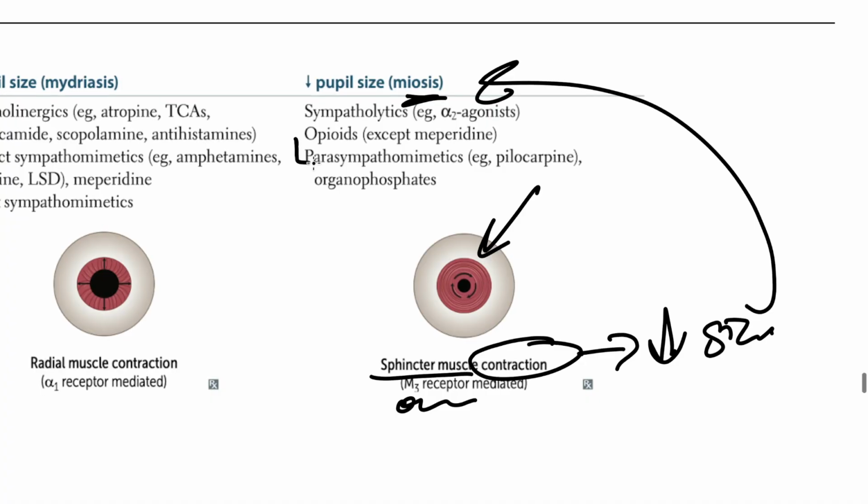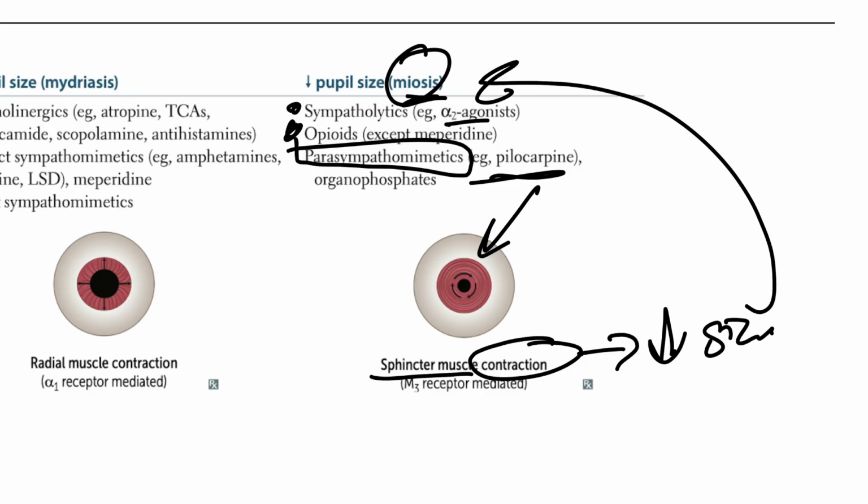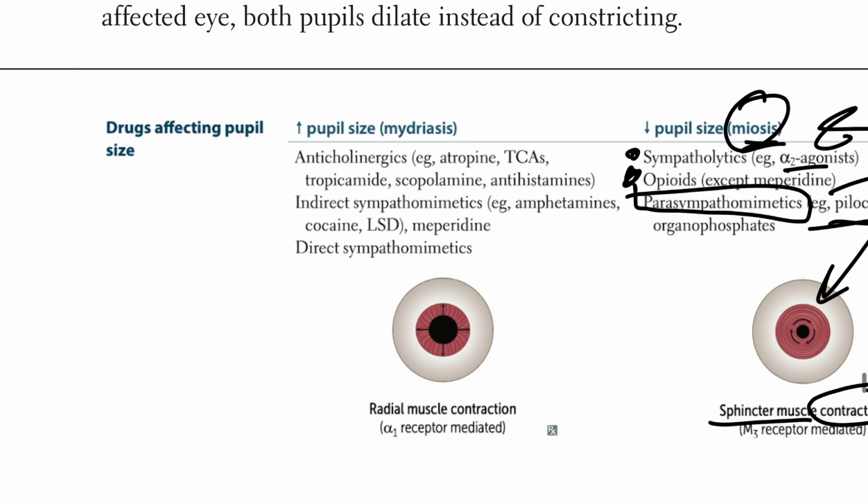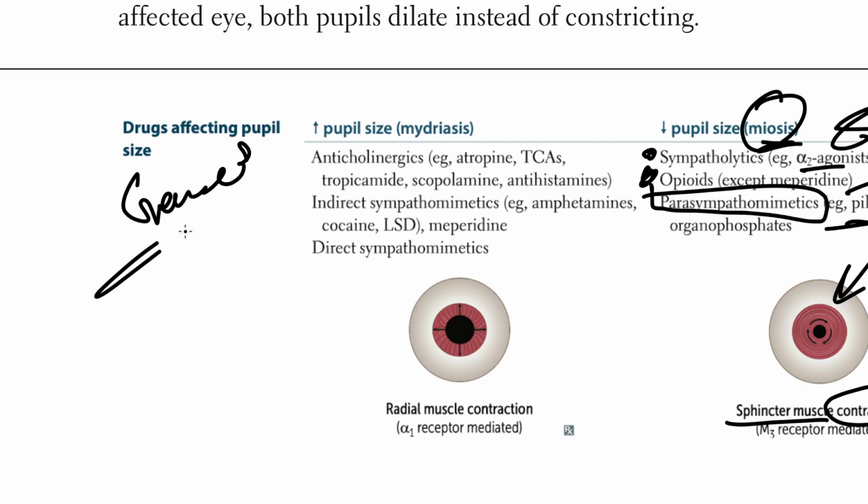It is done through parasympathetic because it is the M3 receptor, for example, pilocarpine. But it's also caused by sympatholytics, which are alpha 2 agonists, or opioids. High yield: opioids would also cause miosis, except meperidine. This picture is from general.